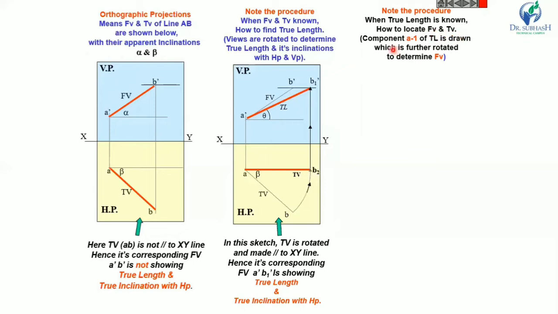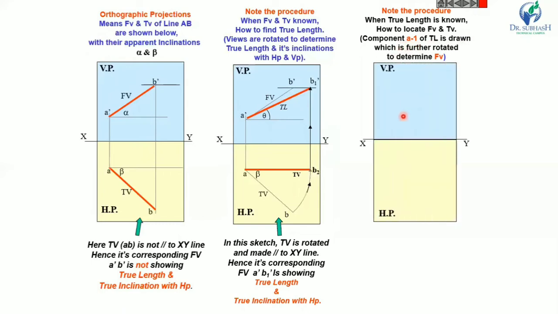Now, when the true length is known, how do we locate the front view and top view? A component A1 of the true length is drawn, which is further rotated to determine its front view. Here the true length is known. A dash B1 dash is the true length and theta is the true inclination. AB1 is the true length and phi is the true inclination. Now draw the locus of B dash and B1. This point is 1.